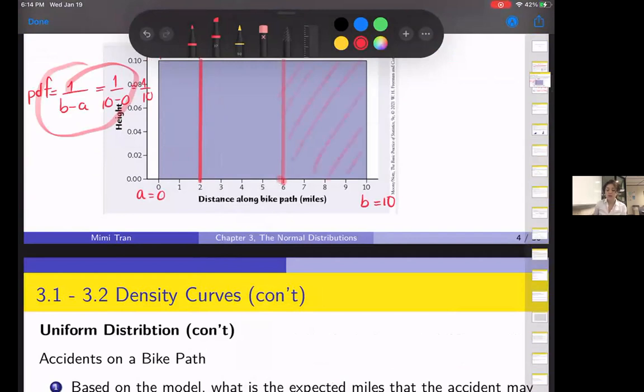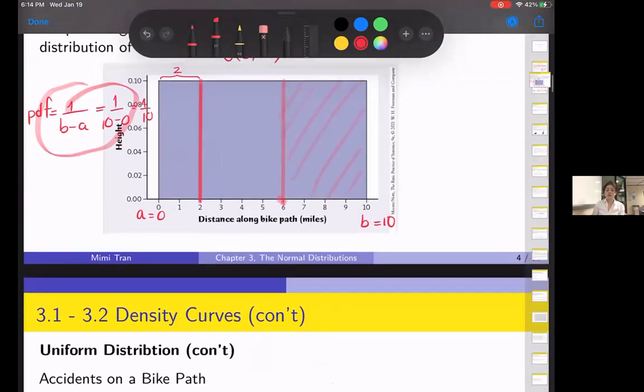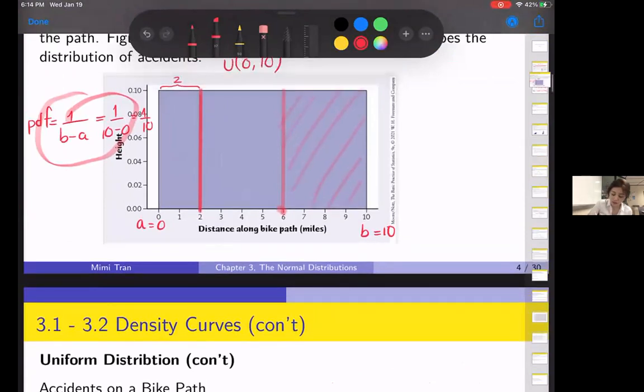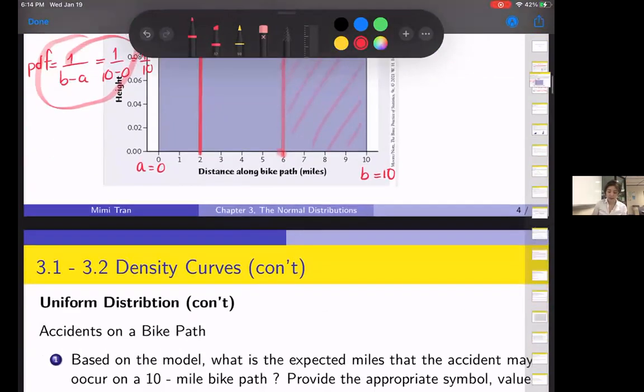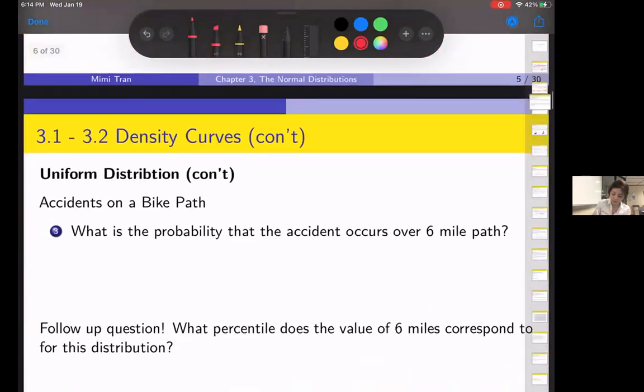So they want you to find the area of that box. Since the rectangle is just width times height, the width here is 10 minus 6 is 4, and the height is still the same, 1 over 10. 4 over 10, if you reduce, is 2 over 5.